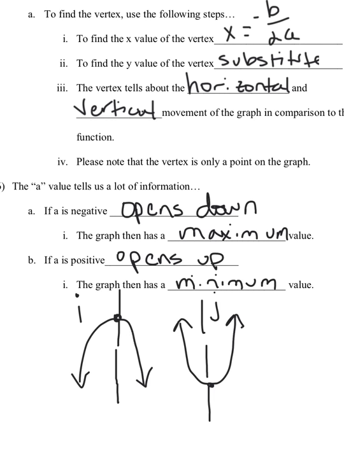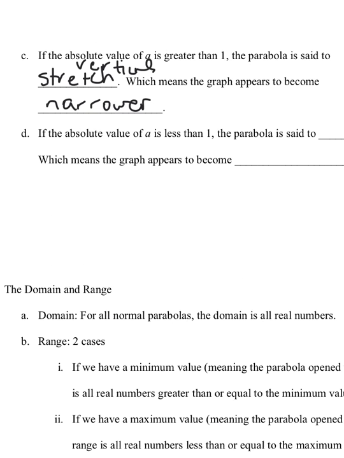And if a is positive, it opens upward, and then we have a minimum value for y. So these are just some important aspects that we need to remember about parabolas and what the equations can tell us about the shape and direction of our parabola.